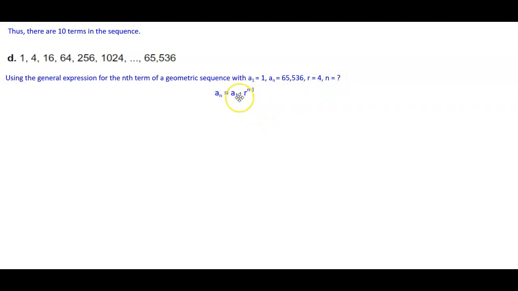Again, using the geometric sequence formula, we plug in our values. So we know 65,536 equals the nth term, which is the first term 1 times the common ratio of 4 to the power of n minus 1. Now the next step is the following.